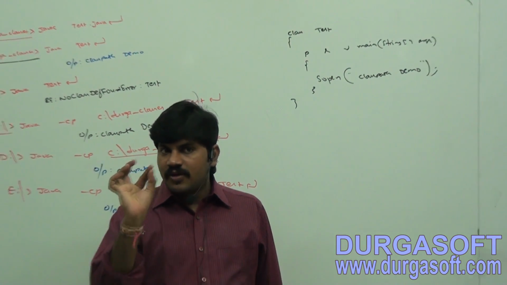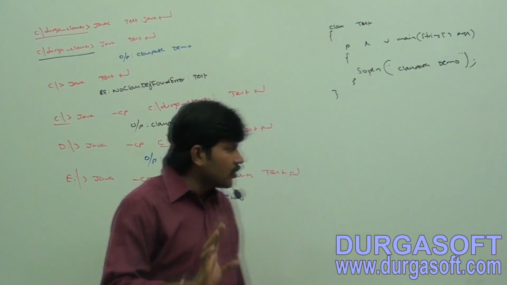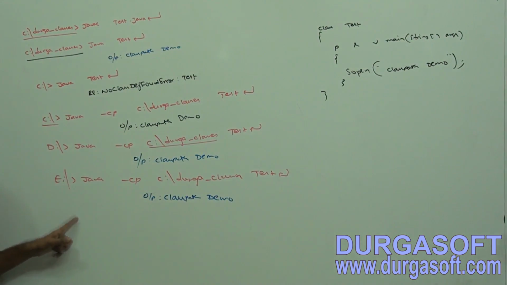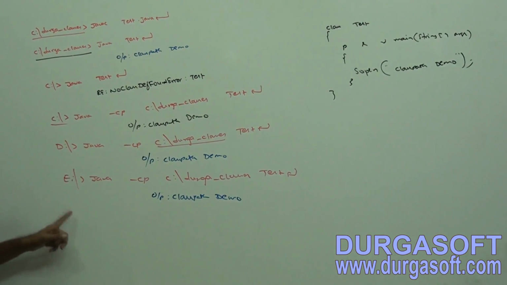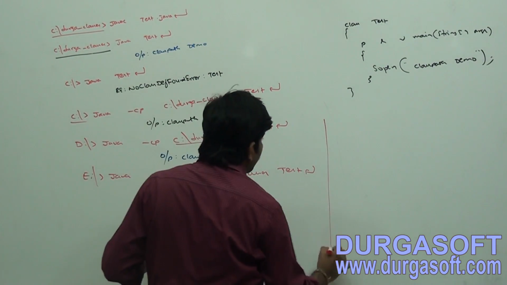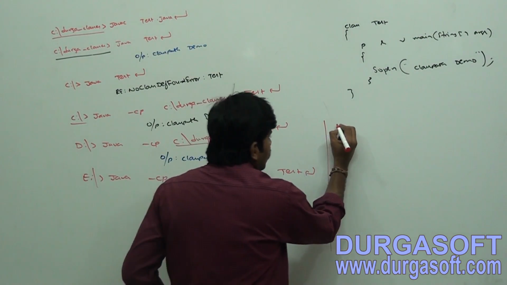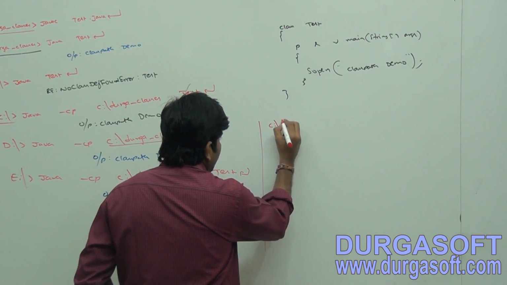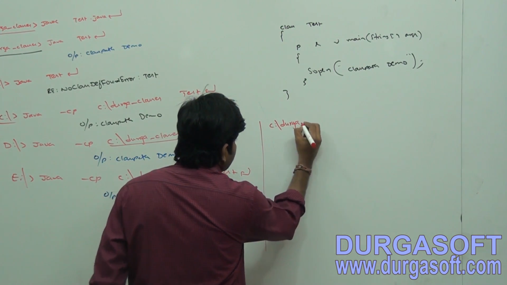Now I will explain one command. Can you tell, is it going to work or not? Observe very carefully. Now, is it visible, right? Here I am taking, is it going to work or not? You have to decide. I am in C colon / Durga classes location.